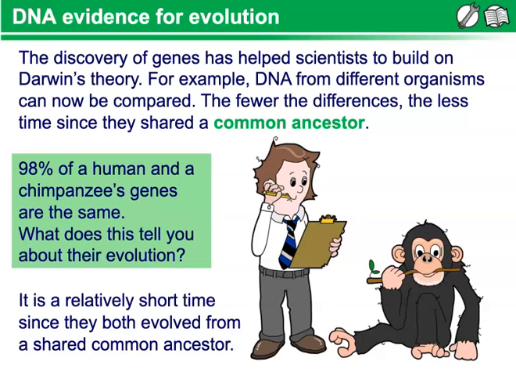So, for example, 98% of human and chimpanzees' genes are the same. So what does this tell us about their evolution? It is a relatively short time since they both evolved from a shared common ancestor. Not that humans came from apes, but that they had a shared common ancestor.